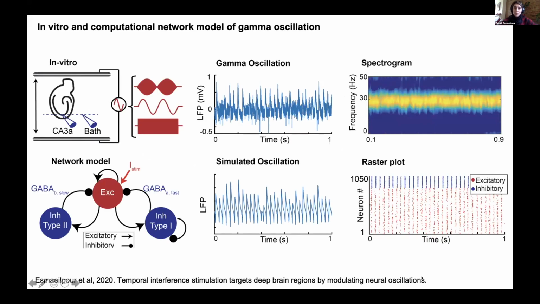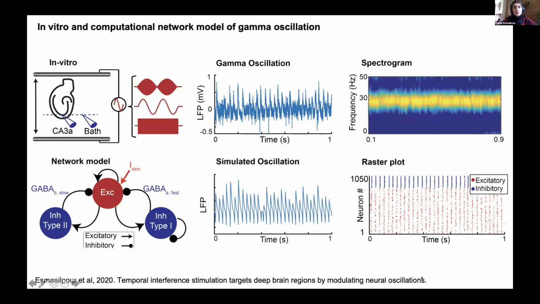In order to answer this question, we started using pharmacologically induced gamma oscillation, which has been shown previously to be highly sensitive to electrical stimulation. So here you can see these experiments are in vitro slices of rat hippocampus, which are washed by carbachol, which is a cholinergic agonist.